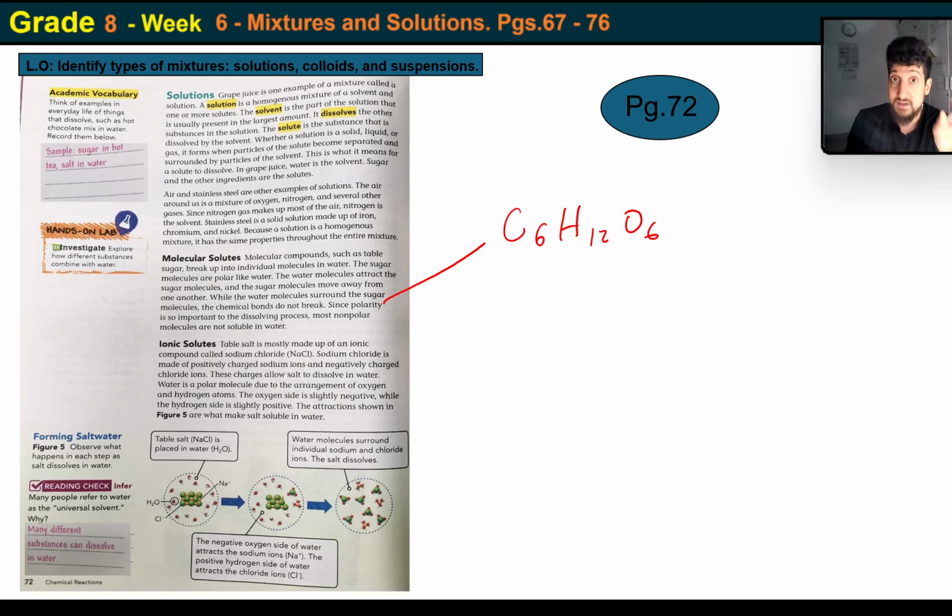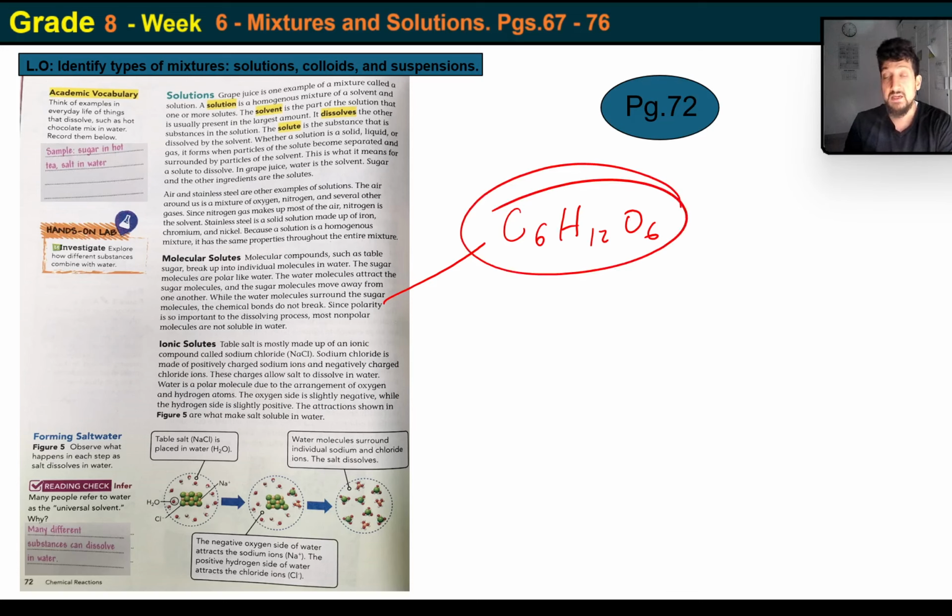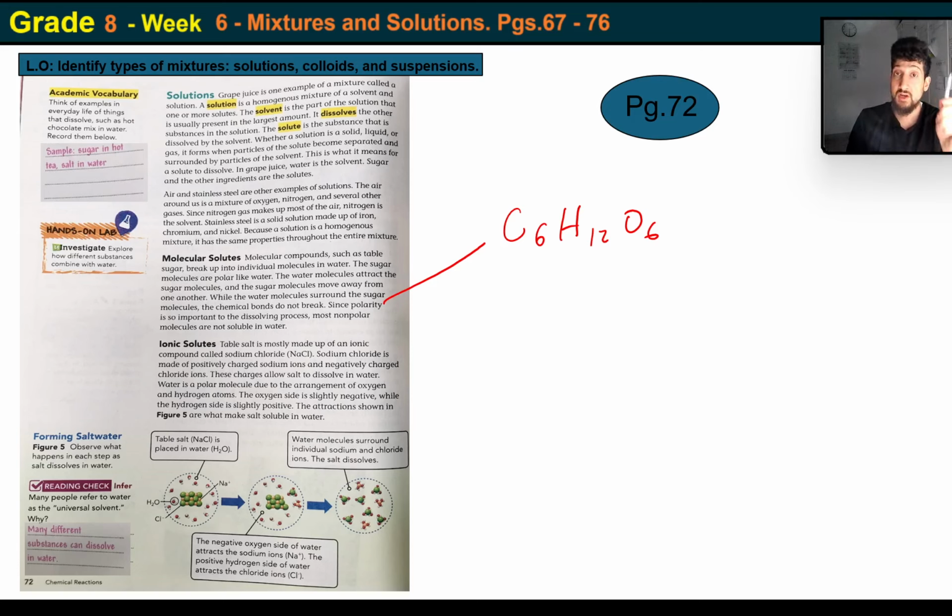There are no ions involved. So in this case, this here is a polar molecule, which means it's slightly charged. Remember, polarity is when things become slightly positive or slightly negative. They have poles, like water, for example. We have H2O, we have oxygen and hydrogen, and although they share electrons, water is polar because the oxygen becomes slightly negative while the hydrogen becomes slightly positive, because the pull from the oxygen is more than the pull from the hydrogens.